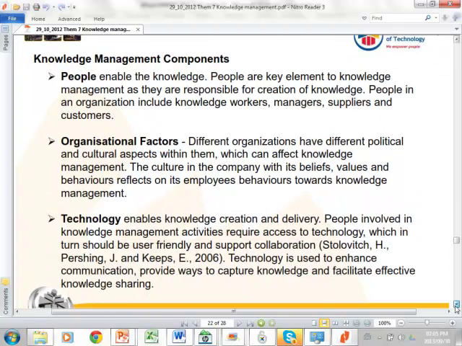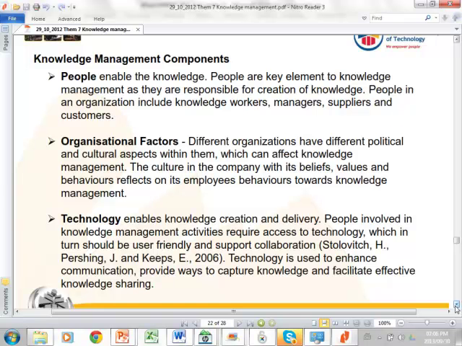Okay, then we've already also spoken about this to a certain extent. So what are the components of knowledge management? Firstly, we have the people. Because remember, the people are the ones in whose heads the knowledge sits. And even if we have a computer system, the information still has to go from one head into the system and to the other head. Okay, because only the people can actually do things with the knowledge.